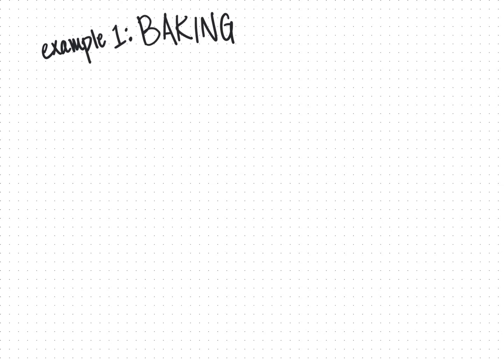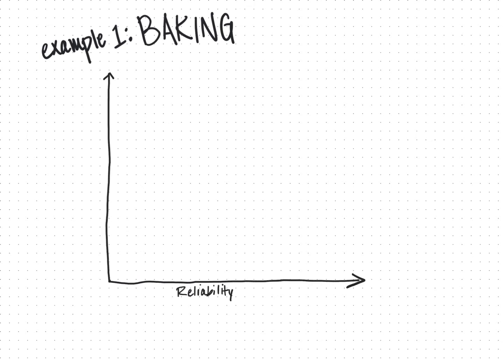To compare these different measures, we'll look at them on a schematic graph of reliability and validity, with reliability on the x-axis and validity on the y-axis. Now, we'd like all of our measures of flour volume or anything else to be in the top right quadrant, because those are measures that are highly reliable, that are very consistent, and that are valid, that are correctly measuring the thing that we want with no bias from other variables.